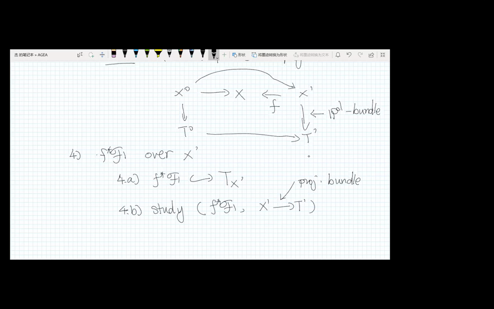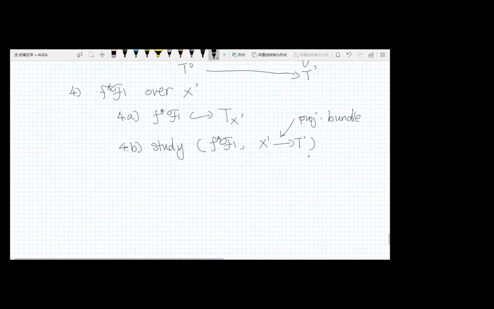Let me just state the theory for the projectivized bundle. Proposition: if you take X equal to P(E) over a projective manifold T, and you take a subsheaf F in the tangent bundle of X such that the restriction of F over a fiber is strict enough.